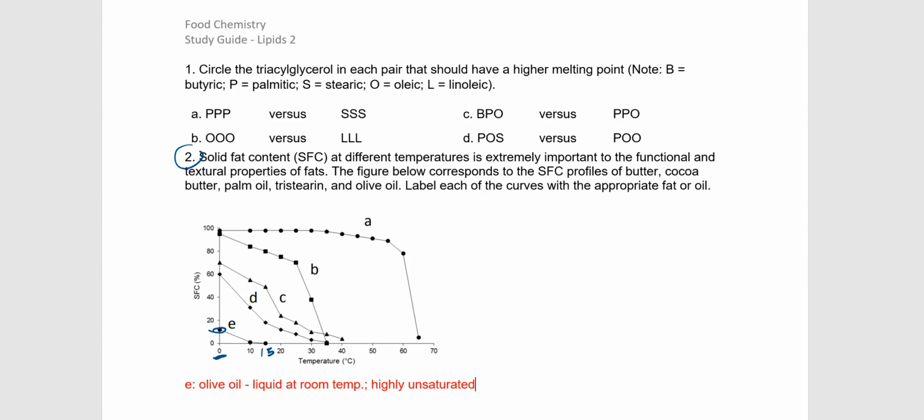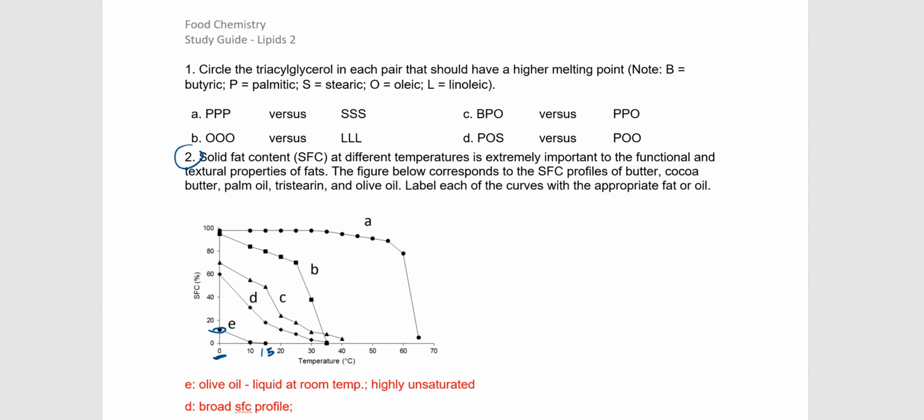Let's look at D. So what do we see? Seems like it has a broad solid fat content profile. It is broad because it has different solid fat contents at different temperatures. It is not a sharp curve, it's decreasing gradually. And when it becomes liquid, at what temperature?